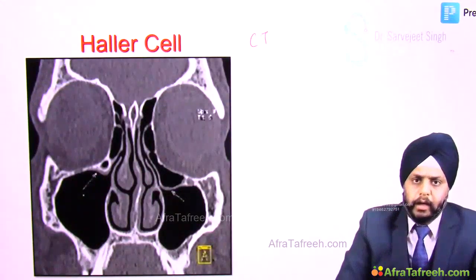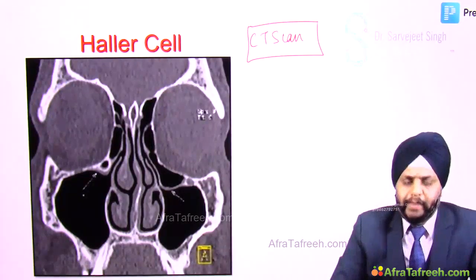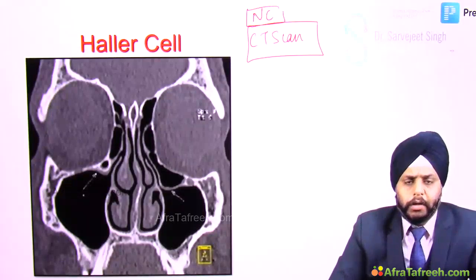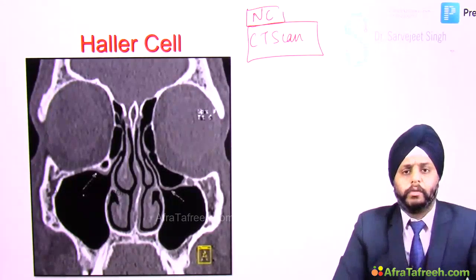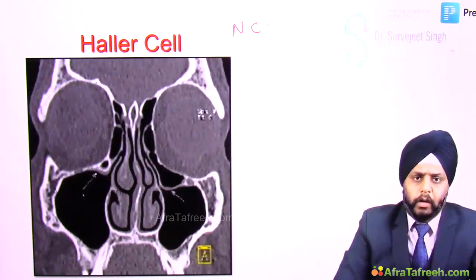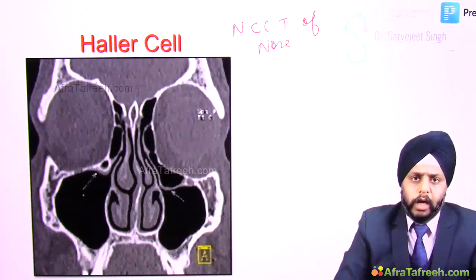This is a CT scan, a plain non-contrast CT scan of the nose and paranasal sinuses. We are going to study the non-contrast CT scan of nose and paranasal sinuses.